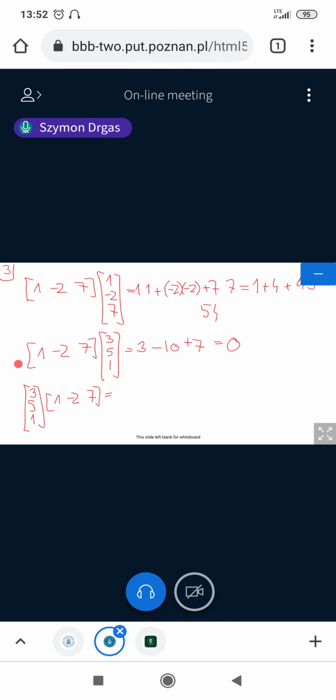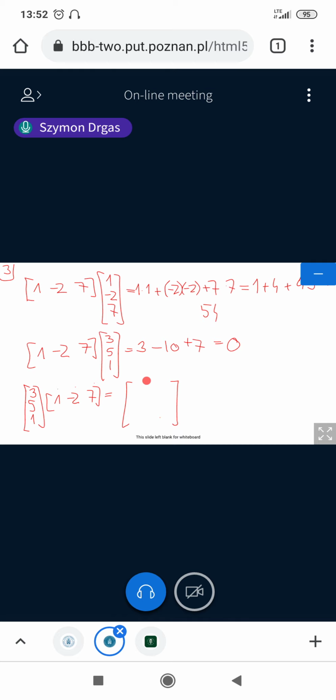In this case, the result will be a 3 by 3 matrix, and each entry of this resulting matrix is just the product between rows and columns of these two matrices. So rows of the first matrix and columns of the second matrix.